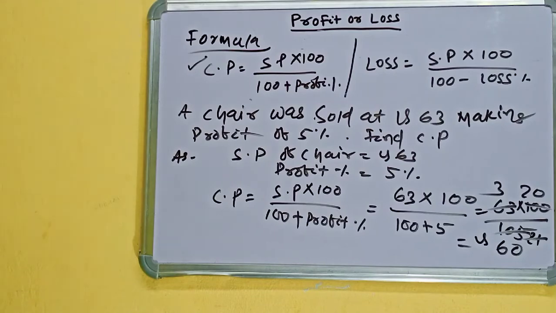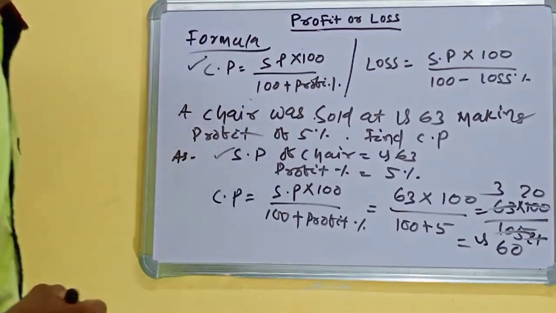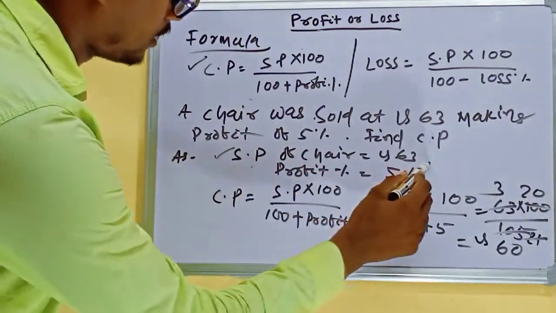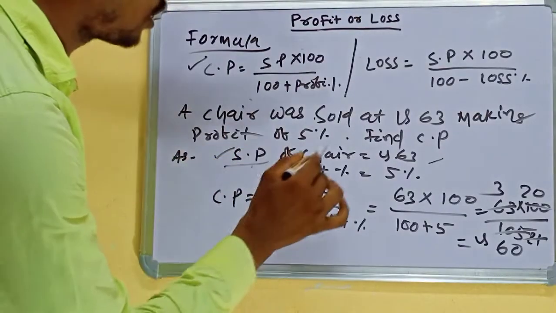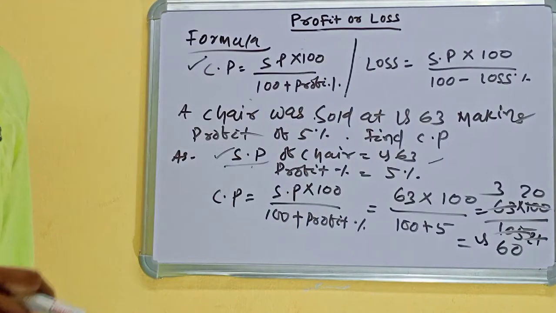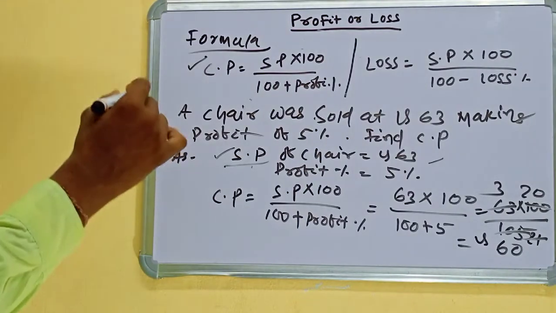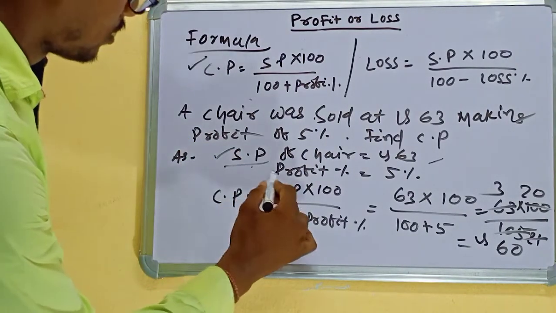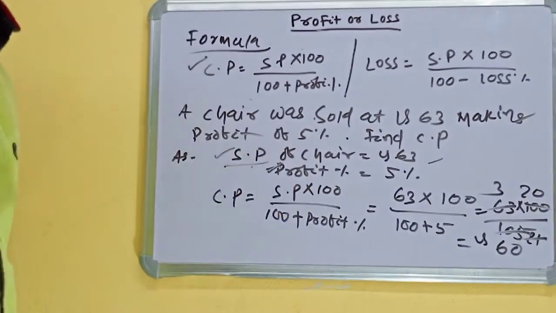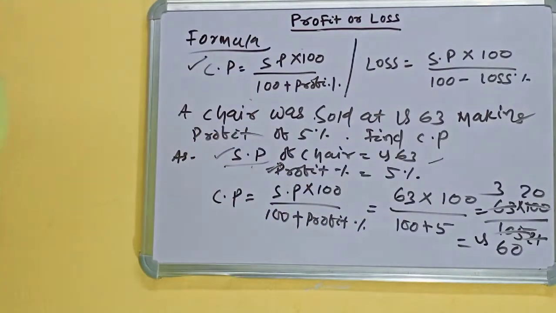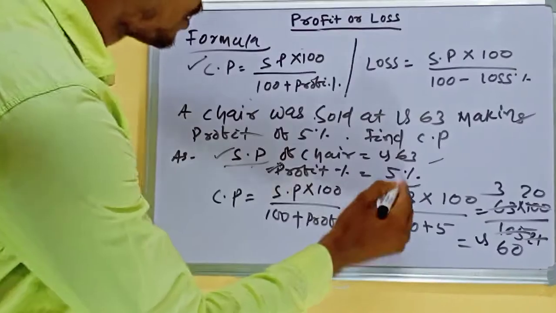First of all, in the question, the SP of a chair is rupees 63. SP refers to selling price. The selling price of the chair is rupees 63 and it gets a profit of 5%.